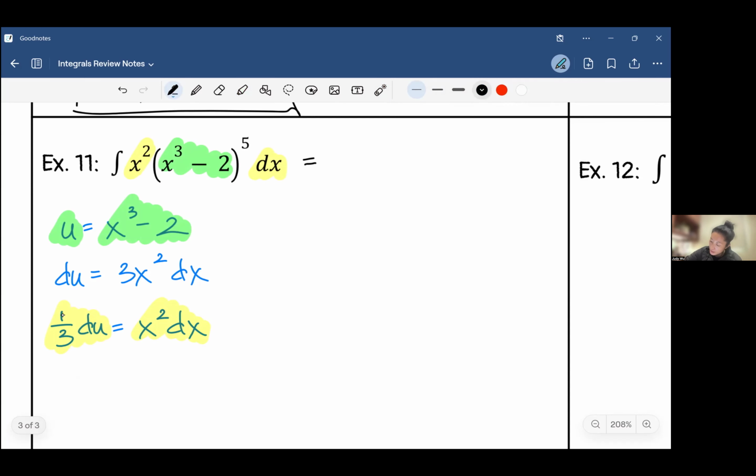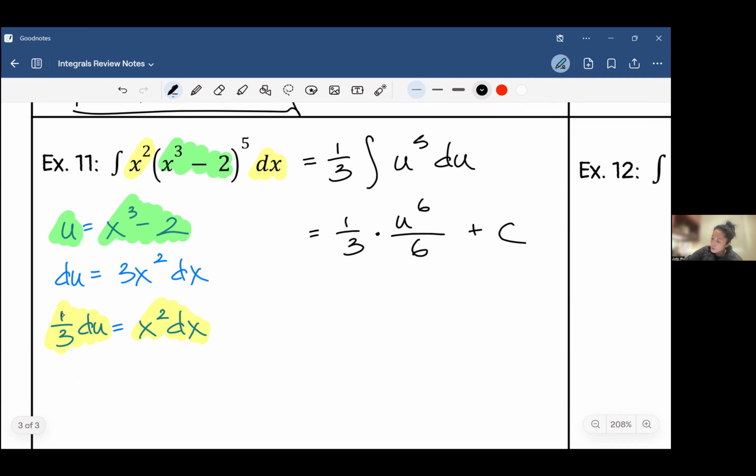All right, this is going to give me 1/3 the integral of u to the 5th du. Okay, all we need is our power rule now. So we've got 1/3 times u to the 5 plus 1 is 6 over 5 plus 1 is 6.